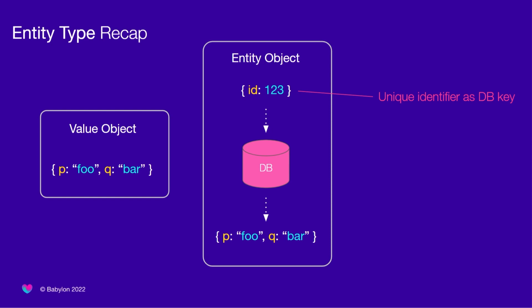But in the case of an entity type, when we're returning an entity object, a subgraph just returns the ID field, whatever that happens to be, or ID fields. And then it's the owning subgraph, whichever domain owns that entity, that's responsible for using that ID field and going to the primary store, typically, grabbing the actual data and populating it. And so that's how our entity types are working.